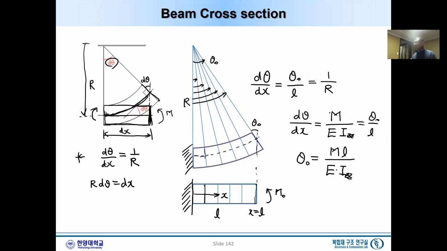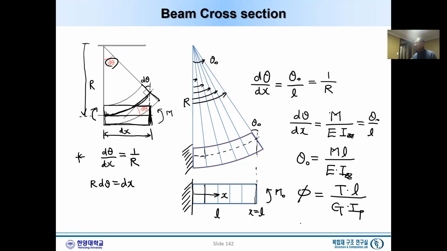Okay, but please notice there is an analogy between bending and torsion and so on. For the torsion, we had phi, torque, L, G, and IP.